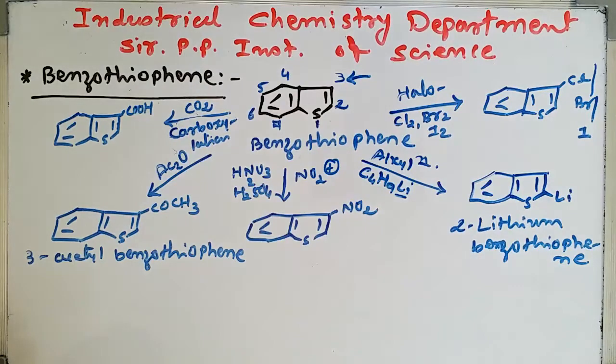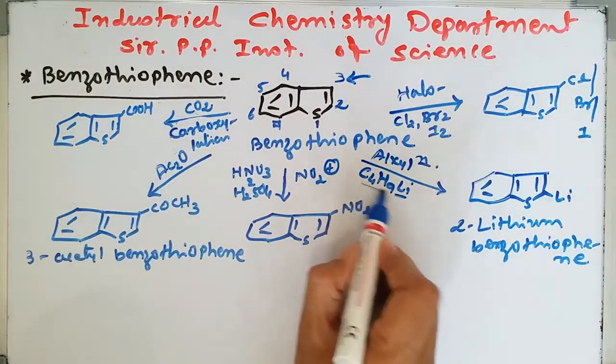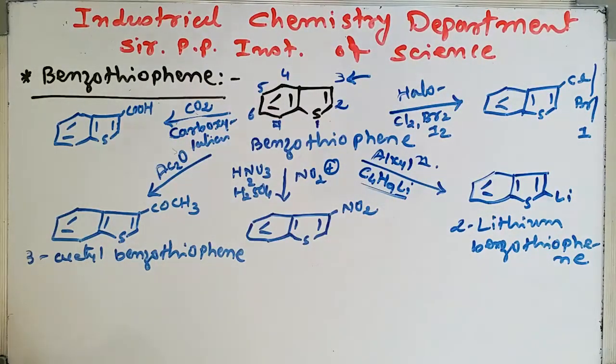So alkylation with the help of C4H9Li, lithium butyl, we get 2-lithium benzothiophene.